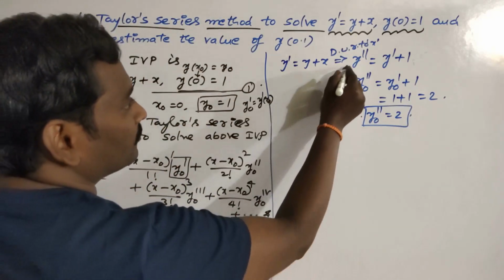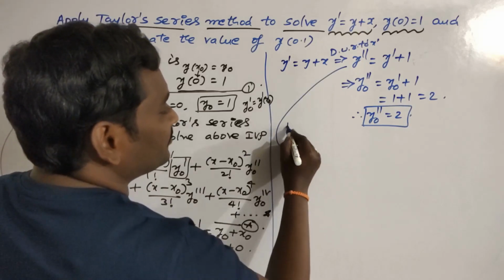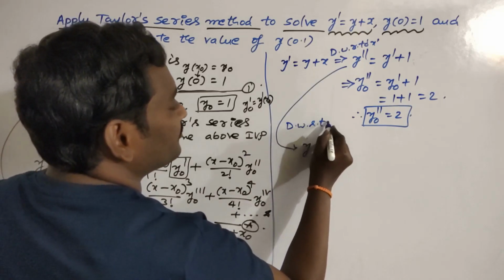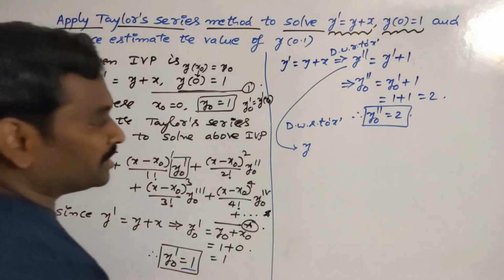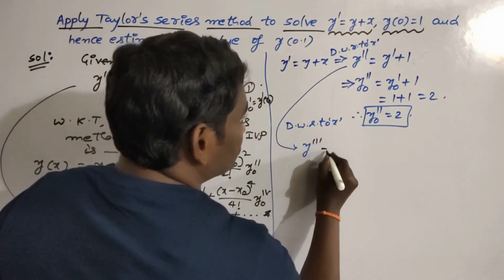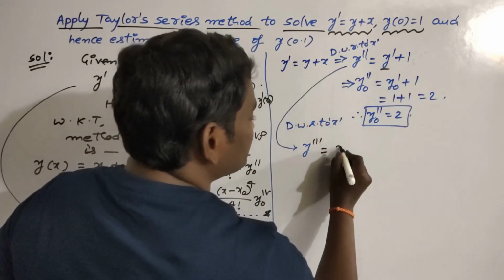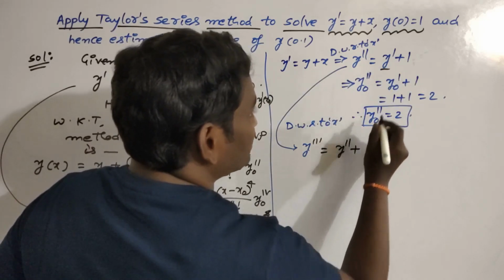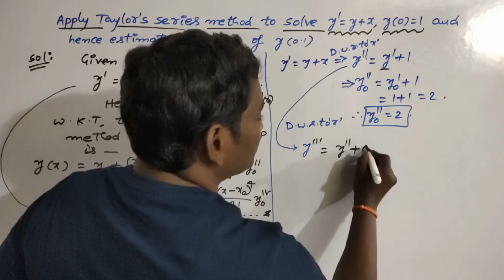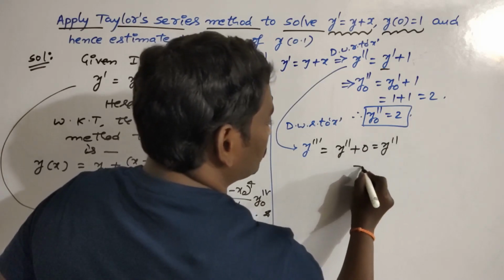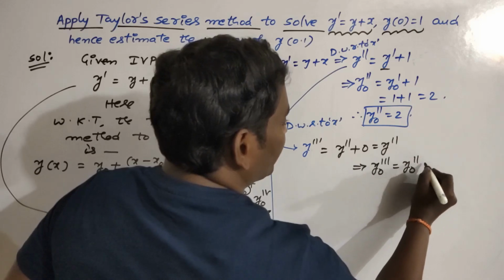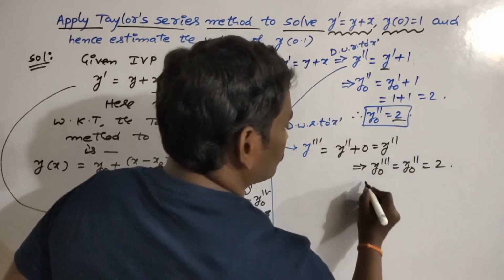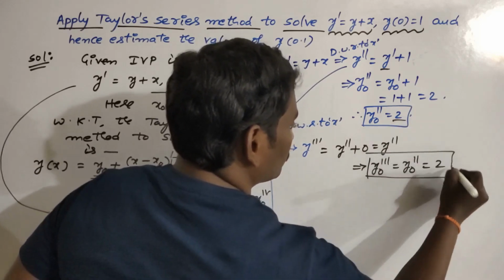Now from this, take another derivative with respect to x. Already the second derivative is there. If you take another derivative with respect to x, you will get the third derivative is equal to the derivative of y dash is y double dash, plus the derivative of the constant one is 0. So what is y naught triple dash? Y naught double dash, it would be 2.